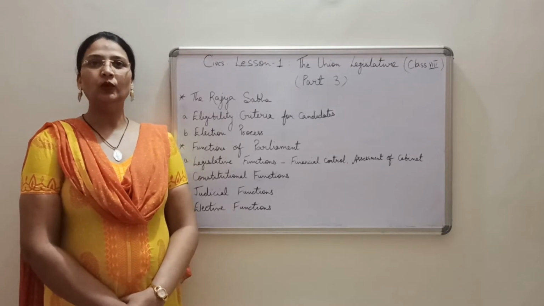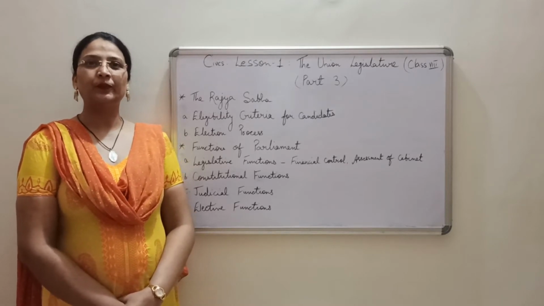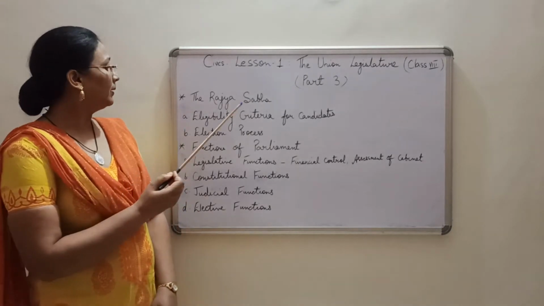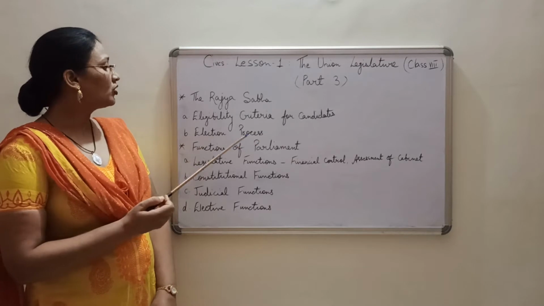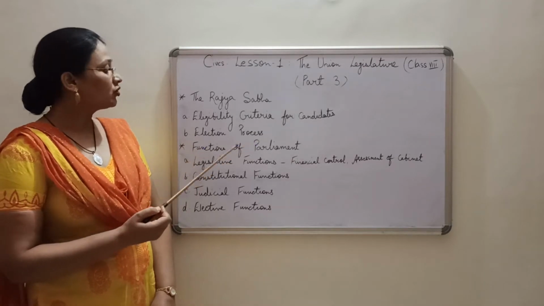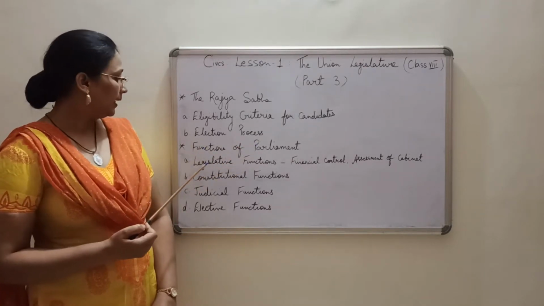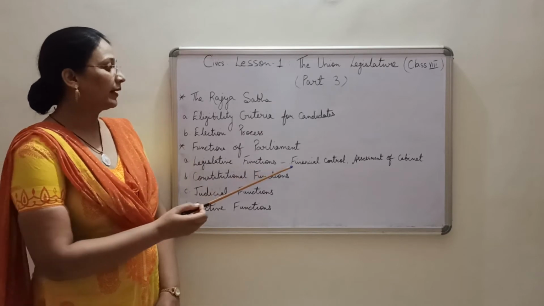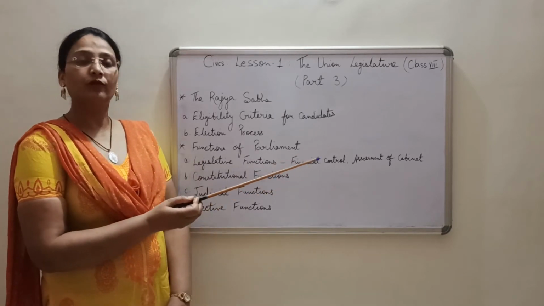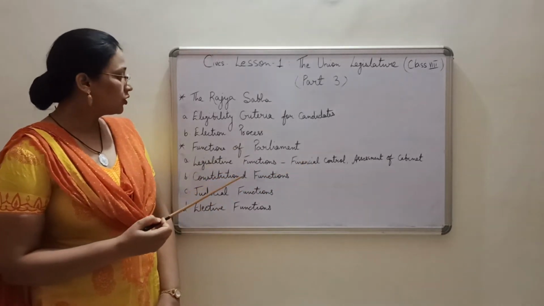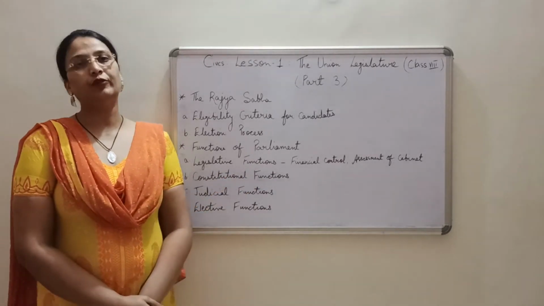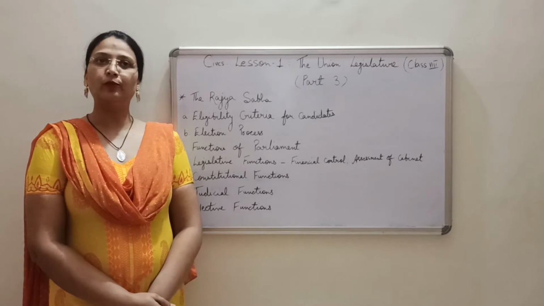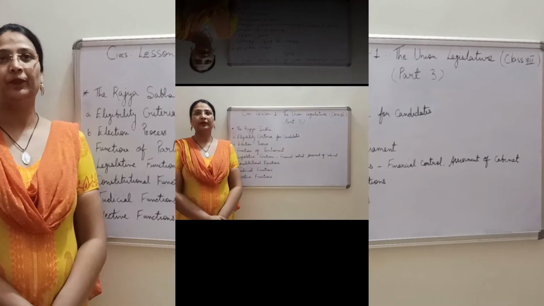In this video, we will study the Rajya Sabha, eligibility criteria for candidates, election process, functions of Parliament, legislative functions, financial control, assessments of cabinet, constitutional functions, judicial functions and elective functions. So let us begin with the Rajya Sabha.